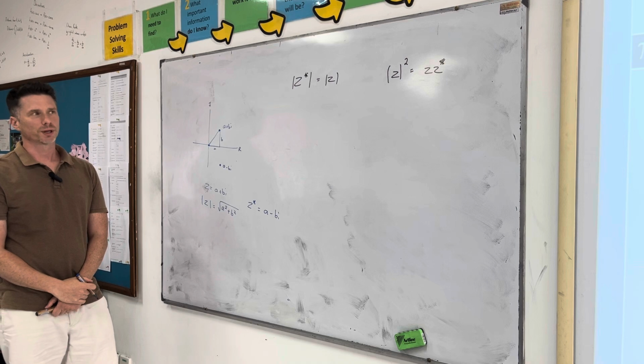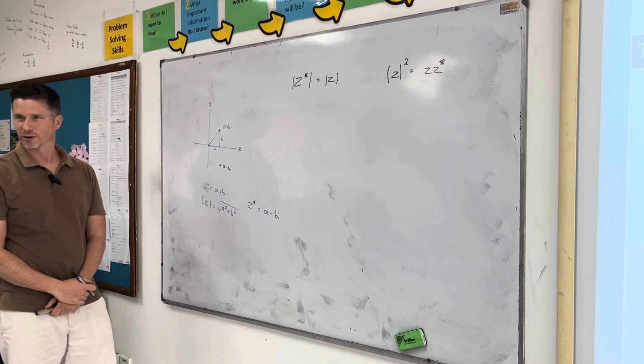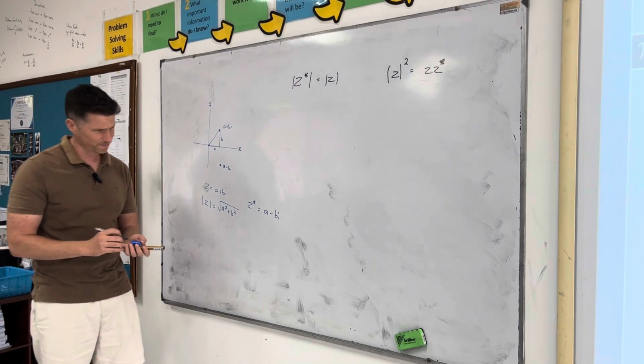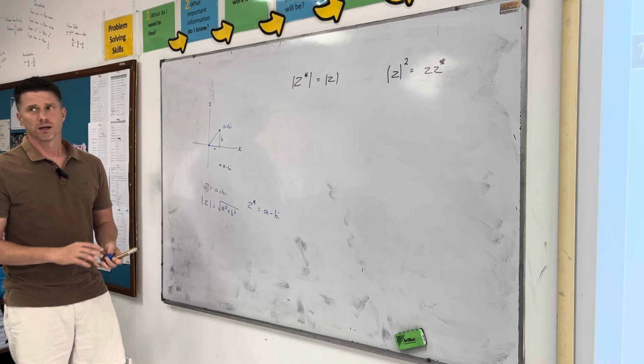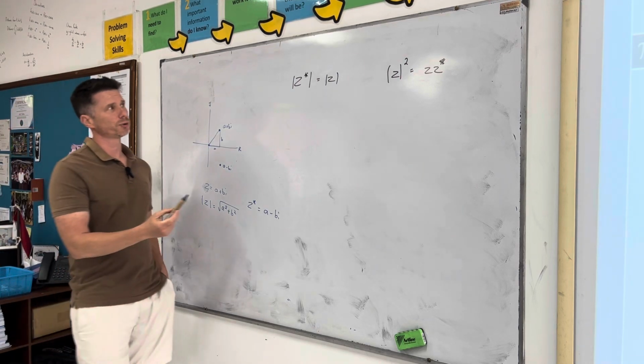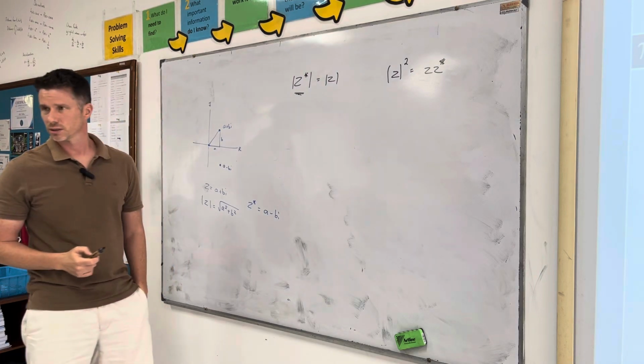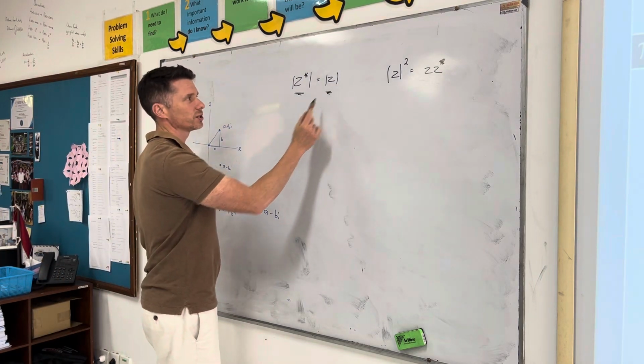Okay, and our homework included some questions that we had to prove, and then some questions we had to solve. Let's look at the proofs first, which was question 6, maybe. What we're trying to prove here is that the modulus of the conjugate is the same as the modulus of the original.